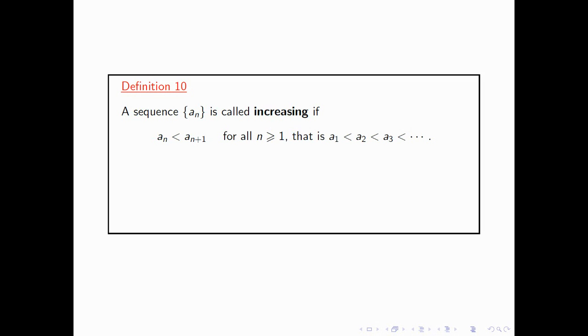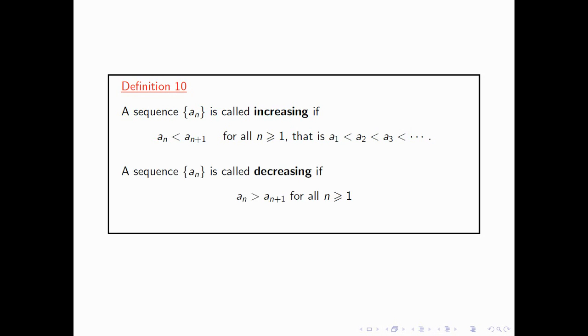So mathematically, we express this as saying a sequence an is increasing if an is less than an plus 1 for all n greater than or equal to 1. In other words, a1 is less than a2, is less than a3, and so on. So as I make the index larger, the value gets larger. If that happens, the sequence is called increasing.